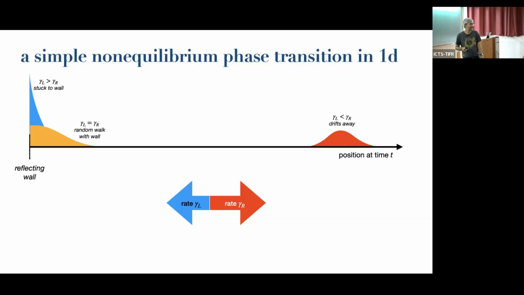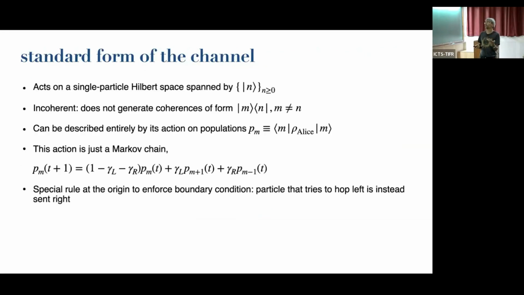Okay, so this is my stochastic process, and the crank I want to turn is, first, this step is a bit trivial, but all I'm doing is taking the classical stochastic process and promoting it to a quantum channel by saying it leaves the populations, that is, the diagonal elements of the density matrix, alone and doesn't do anything interesting mixing the diagonal and off-diagonal elements of the density matrix.